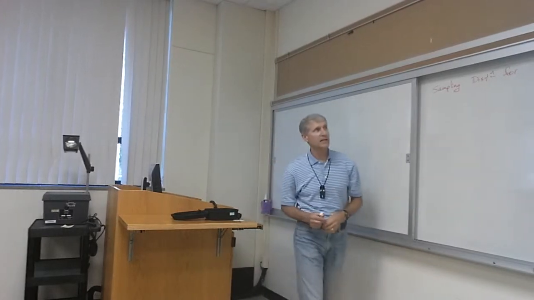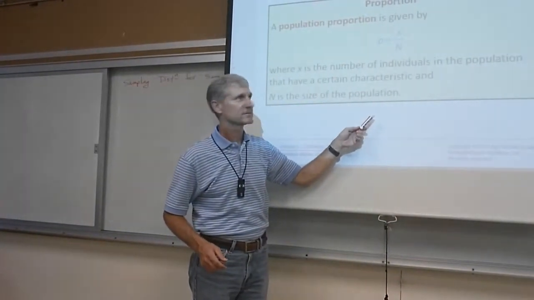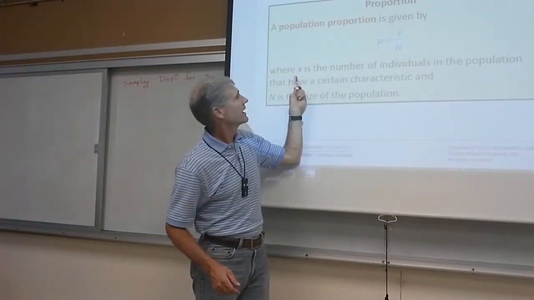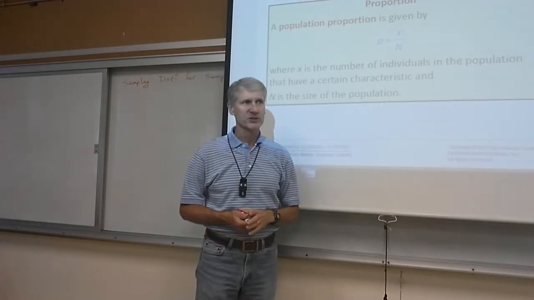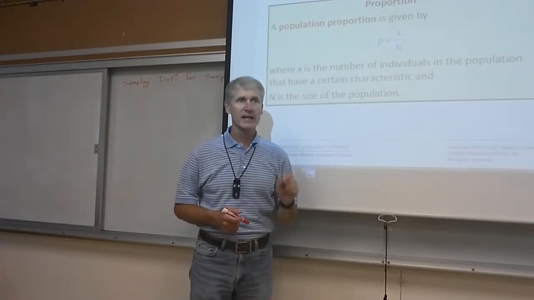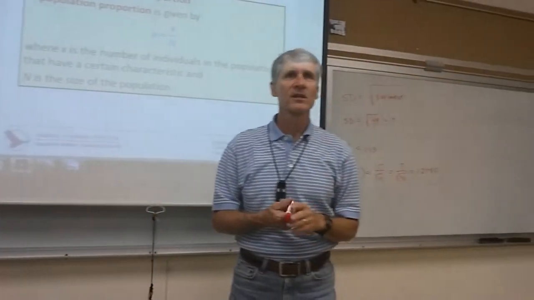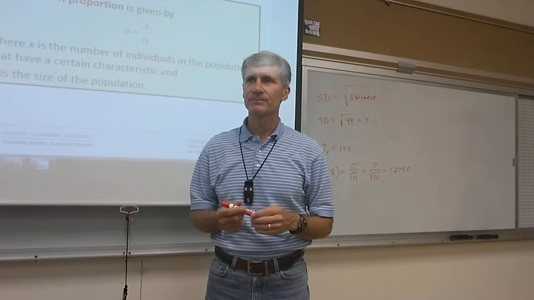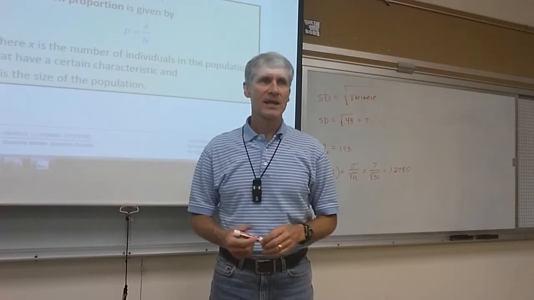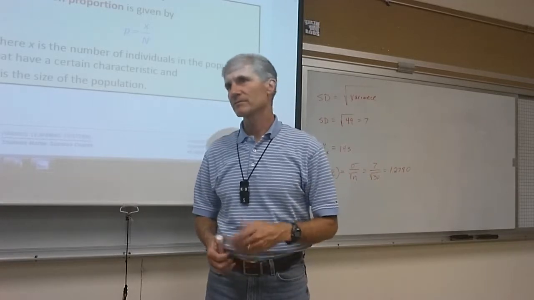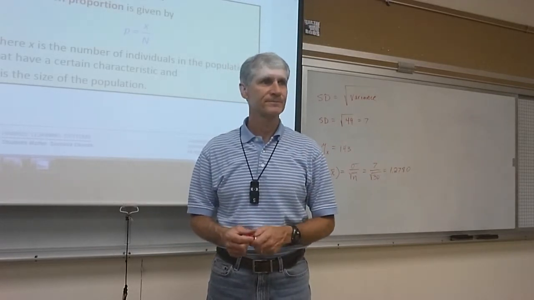So the first thing is to define notation. X, remember when we did the binomial distribution? X was a random variable that counted the number of successes in a fixed number of trials. So now if I take a survey, let's say, and I ask people if they're a smoker, right?